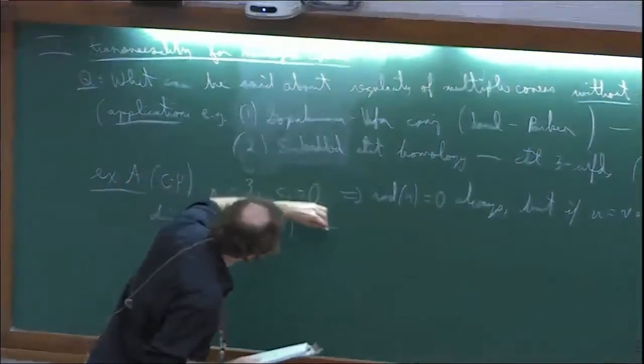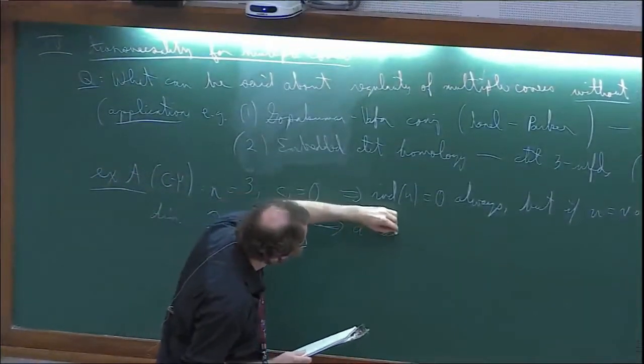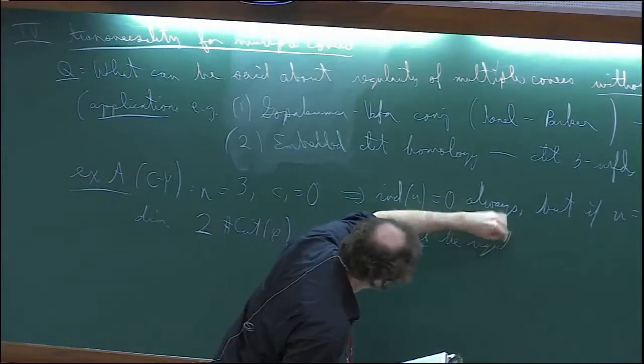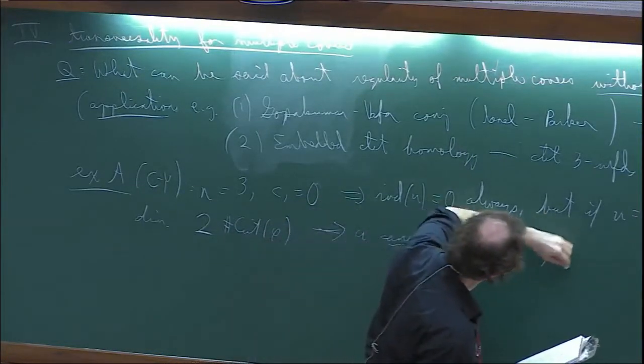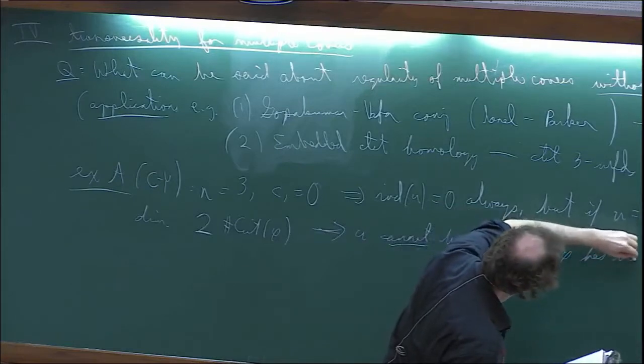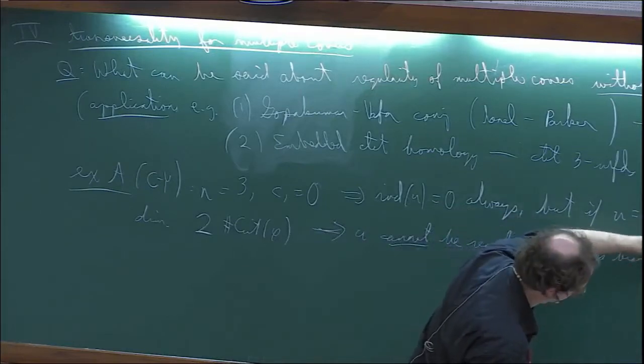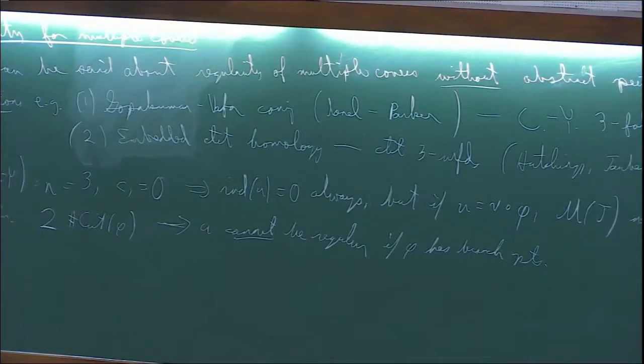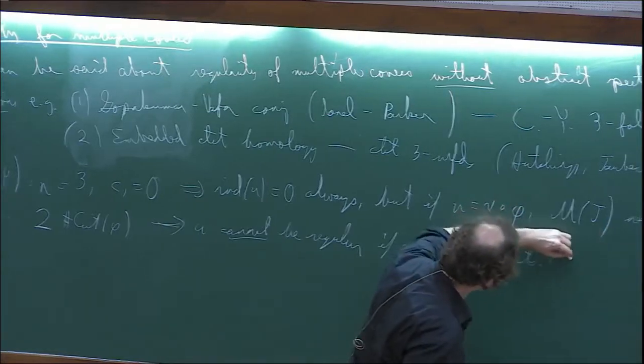So in particular, that means u cannot be regular if phi has branch points. And we already talked about what you can hope for instead. The best result you can get if there are branch points is this super-rigidity theorem that I stated.